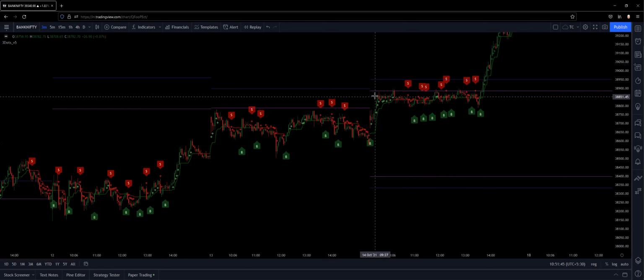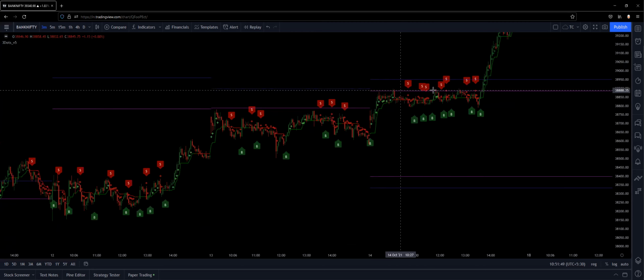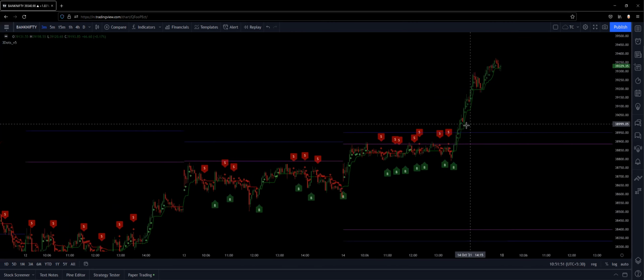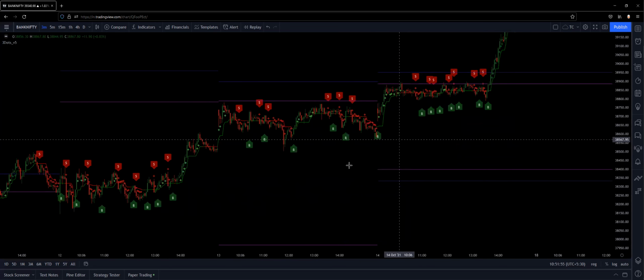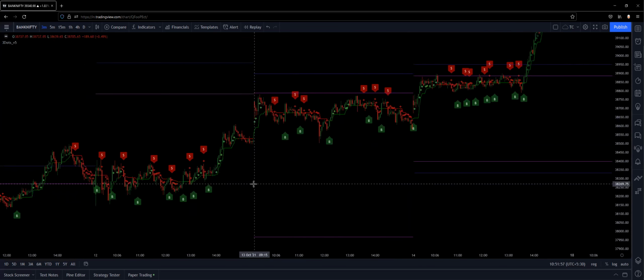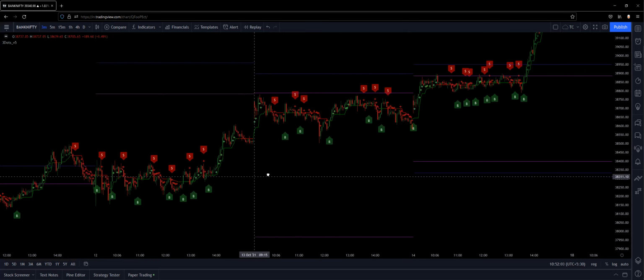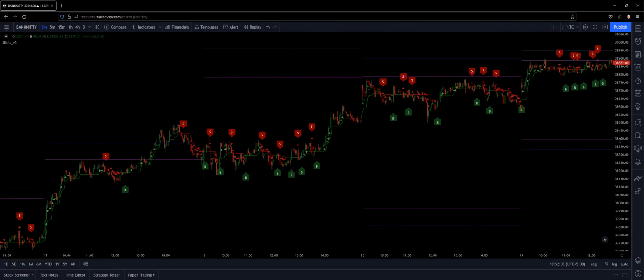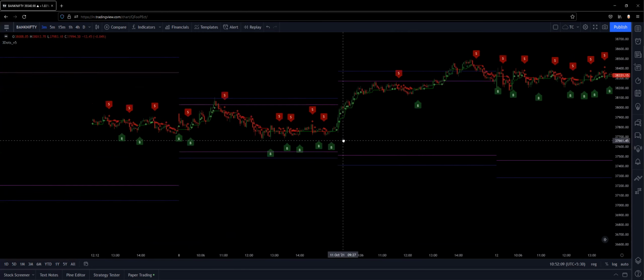Basically, it determines the range for the day. Whenever the range is broken, you see a very good up move, and these lines act as very good support and resistance. Whenever the first candle closes for the day, you start seeing these lines, and you can rely very much on them for your intraday support as well as resistance.